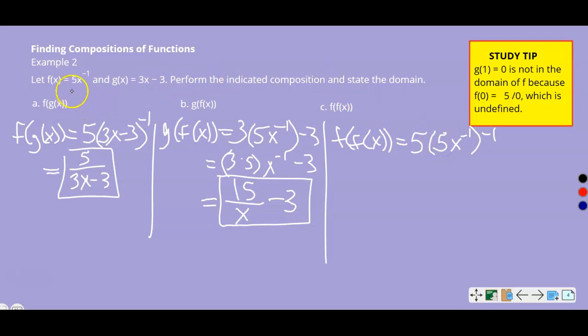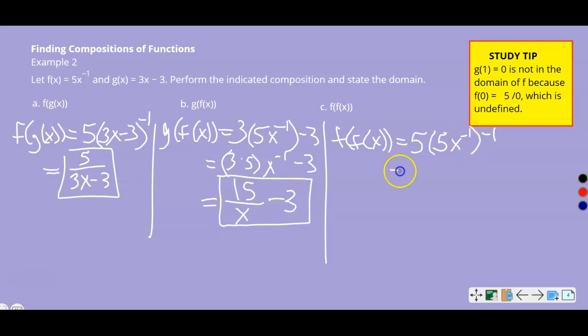So basically I took this function and I substituted the same function in place of x. So I've got 5x to the negative 1, and in place of x I've got 5x to the negative 1. So that's what f of f of x really means. Now, what can we do to simplify that?